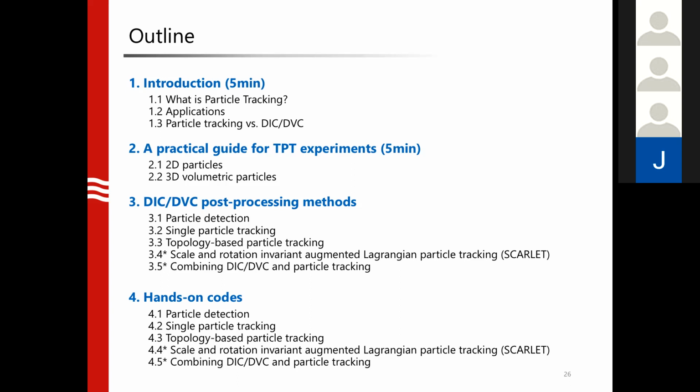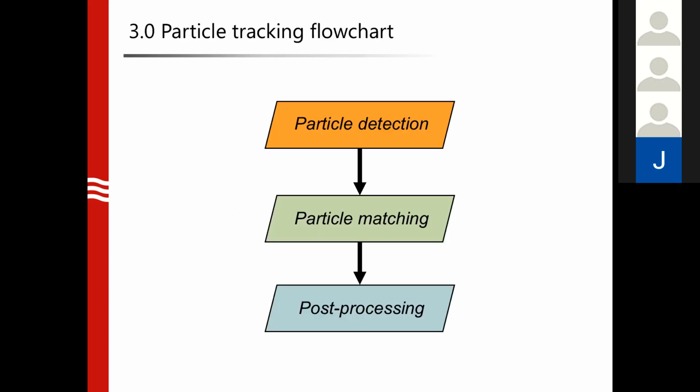Because yesterday we may have gone too fast and there was no time to show how we use the code, today I will combine the code demo with explaining the methods. Basically, the post-processing of particle tracking has 3 parts. The first part is particle detection, to detect the centroid of each particle. After that, you match or link each particle to find which one goes where.